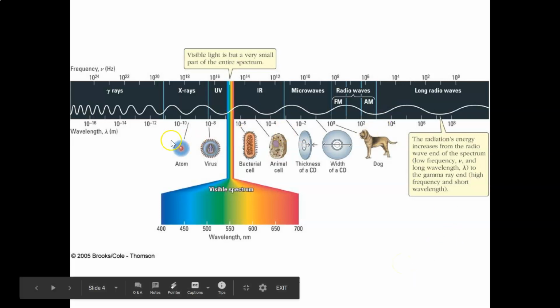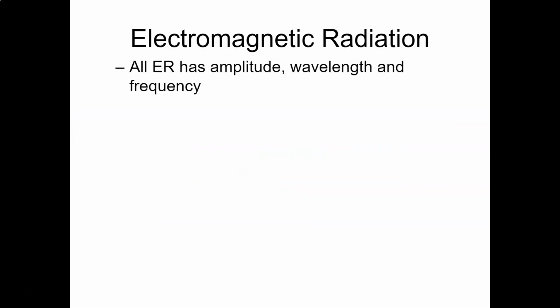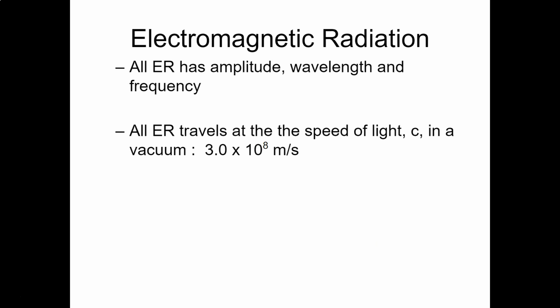Size-wise, you can see how different things are stacking up to the wavelength lengths. All right, let's get into some more information. So all electromagnetic radiation has an amplitude, a wavelength, and a frequency. It also travels at the speed of light in a vacuum. So the speed of light in a vacuum is 3 times 10 to the 8 meters per second.